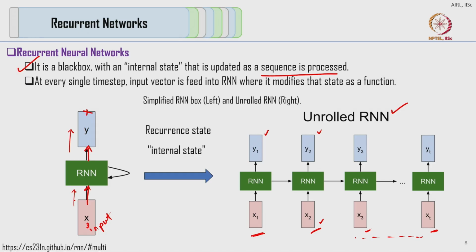And we observe that the RNN, which learns the hidden state or the internal state, links various inputs and outputs. For example, if we wanted to relate y3 in terms of x1, we can see that using this hidden state we can essentially write y3 in terms of x1.